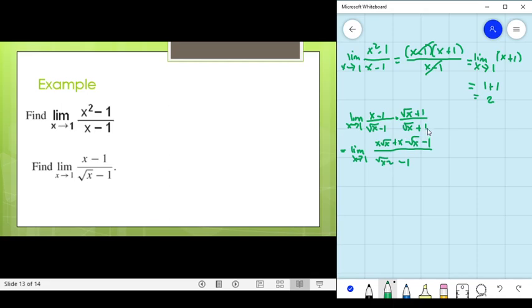Then square root of x times 1 is square root of x.